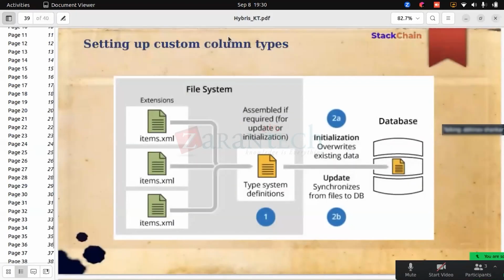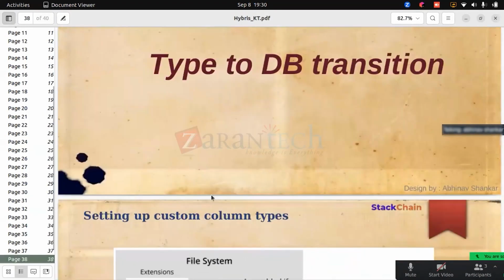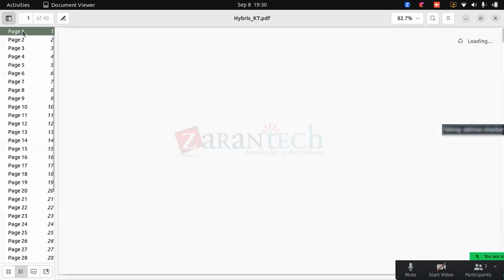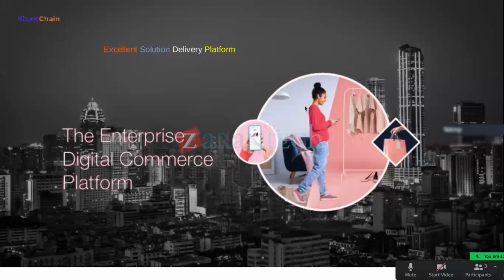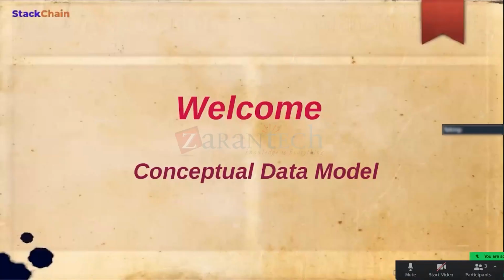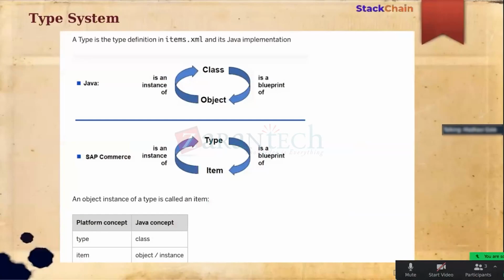So I will just give you a quick overview till the time your IntelliJ imports all the projects, code base, and everything. We are already aware that in Java, an object is an instance of a class, and in SAP Commerce, an item is an instance of the type system, which we have already seen, right?